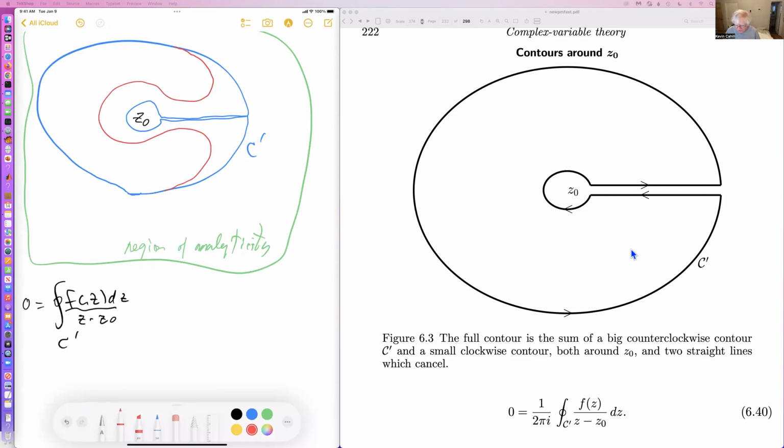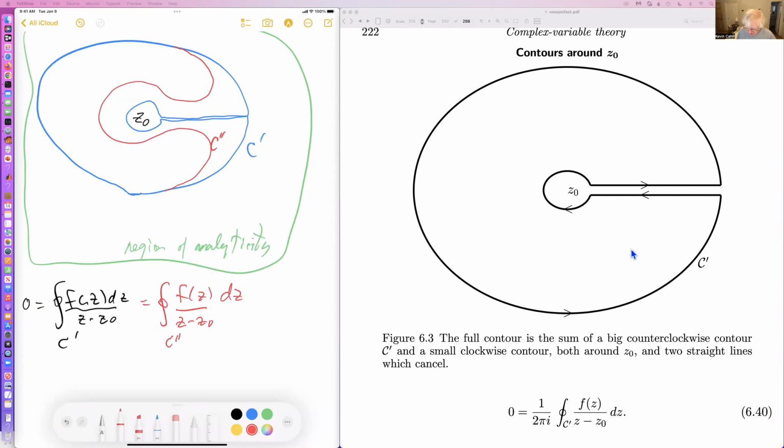So if we can deform the contour C prime into something called, say, C double prime, and that integral of f of z dz over z minus z0 along C double prime doesn't involve the singularity at z0. The function f is analytic throughout the domain of analyticity, but f of z over z minus z0 is analytic everywhere except at z0.